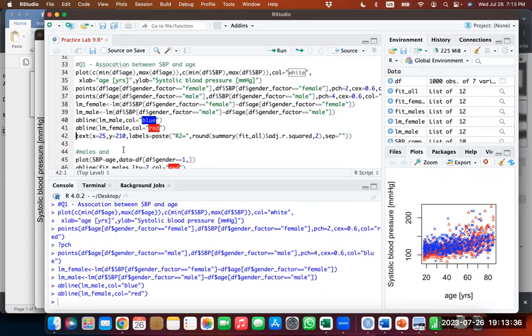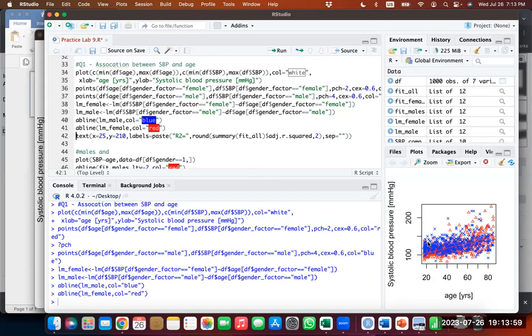Good. And then lastly, on line 42, you're adding some text. The text you're adding is x equals 25 and y equals 210. That's basically, on the graph, you find x 25 and you go all the way up to 210.